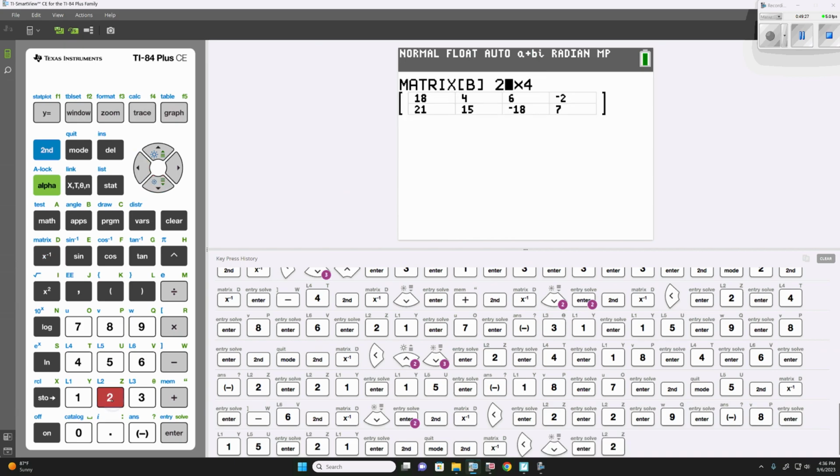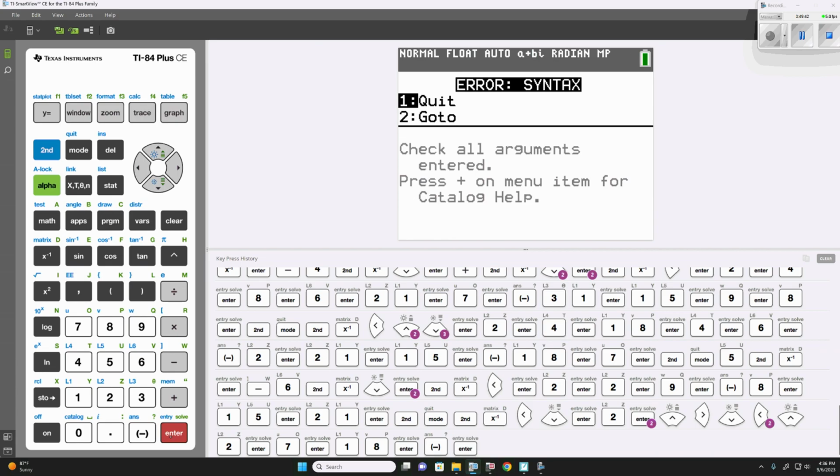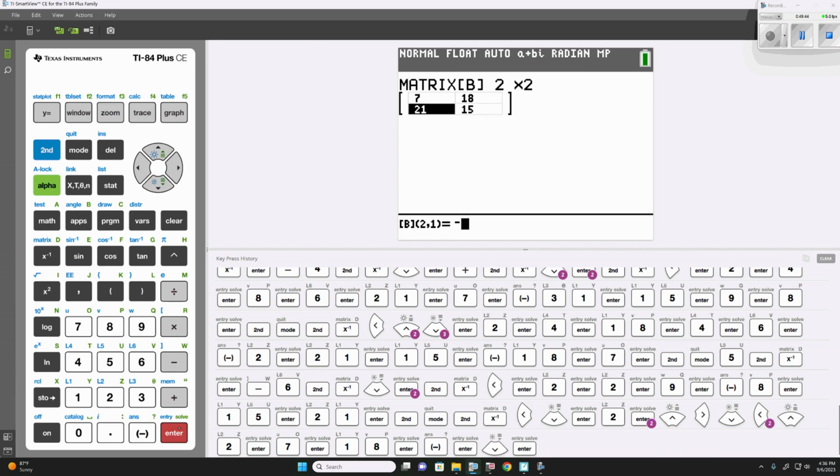Over to edit, matrix B is a 2 by 2. 7, 18, negative 21, 2. Second quit.